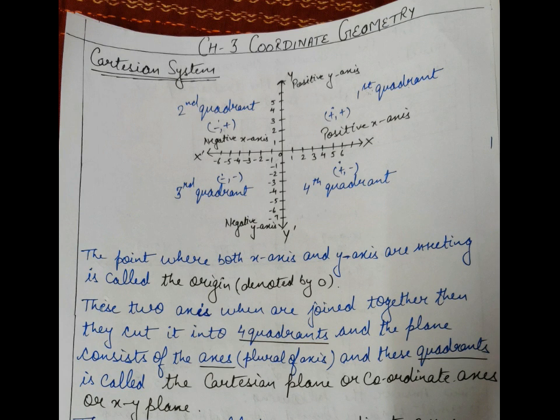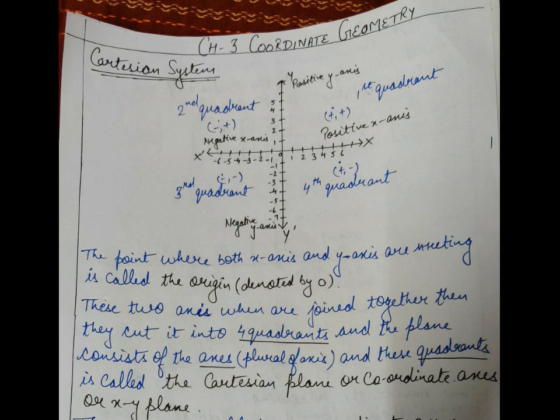So here are a few points you can see in the given notes. Please observe them carefully. First, the point where both the x-axis and y-axis meet is called the origin. It is denoted by O. These two axes, when joined together, cut the plane into 4 quadrants, and the plane consisting of the axes and these quadrants is called the Cartesian plane, or coordinate axes, or xy plane.